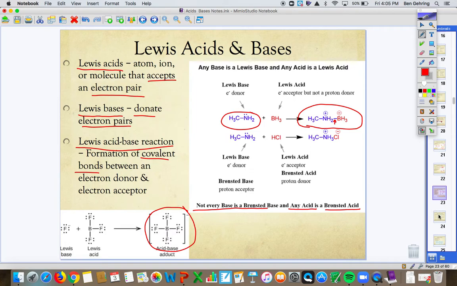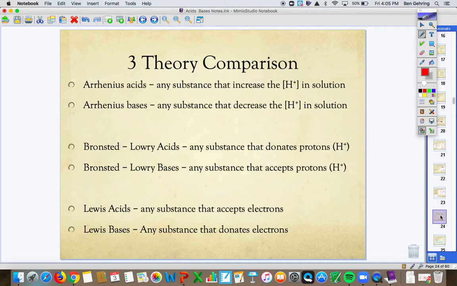Okay? And then, to summarize, these are the three. Your Arrhenius acids are anything that increases your hydrogen concentration. So if you want to write down just your three, make a list that you have acids, and you have Arrhenius here. Increases hydrogen concentration.